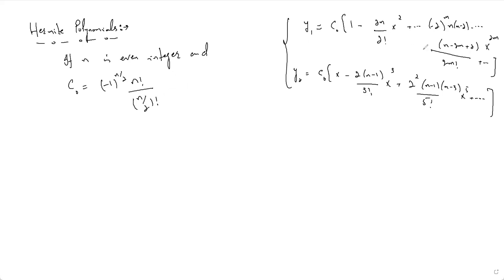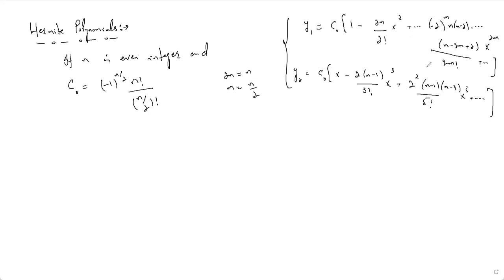Instead of 2m I am going to write n, since 2m is equal to n, then m will be equal to n by 2. So similarly we have minus 1 raised to power m, so that's why I will take it as minus 1 raised to power n by 2, n factorial, because 2m will come here.